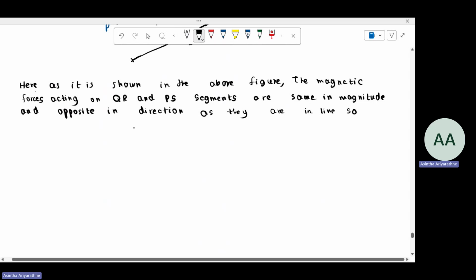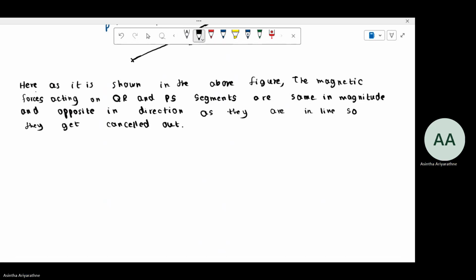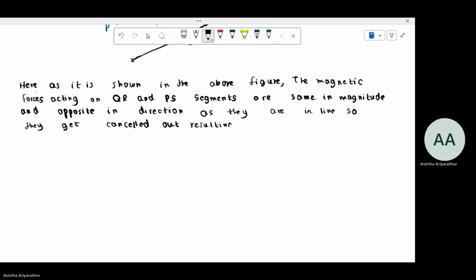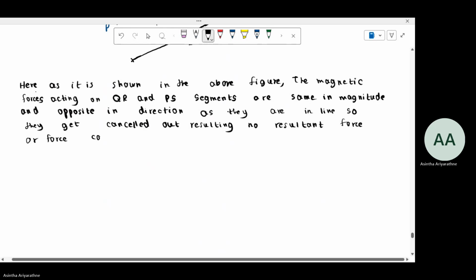So they get cancelled out. They are in line, resulting in no resultant force or couple.